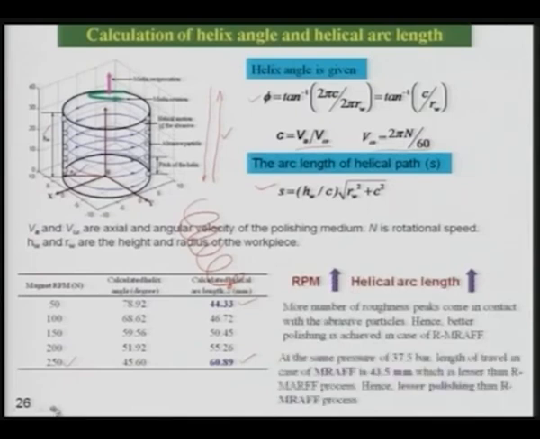At the same pressure, that is 37.5 bar, the length of travel in case of MRAF is 43.5 millimeter, which is lesser than the RMRAF process, hence lesser polishing than RMRAF. I am sorry, it is not double, but it is 1.5 times what you get at 250 rpm as compared to the axial or only MRAF process, which is 43.5 millimeter.